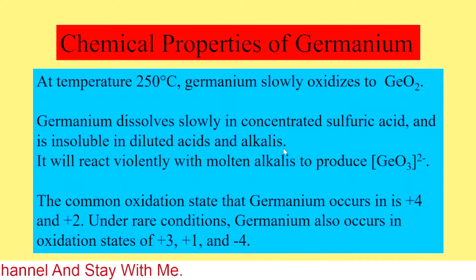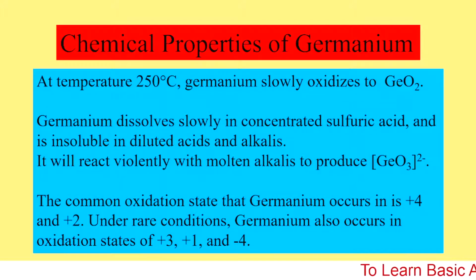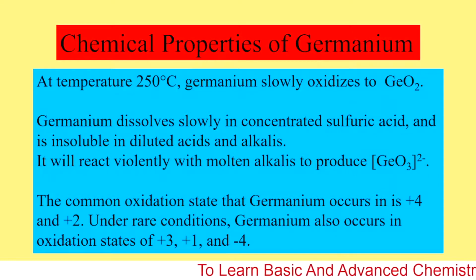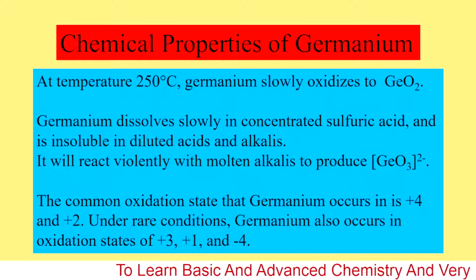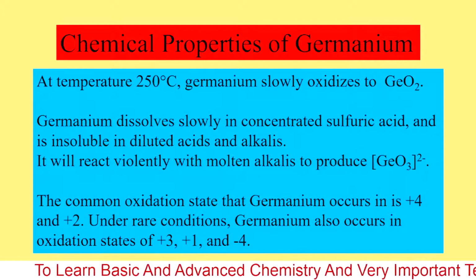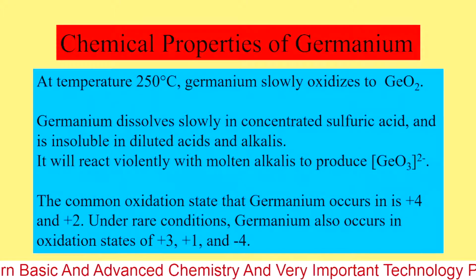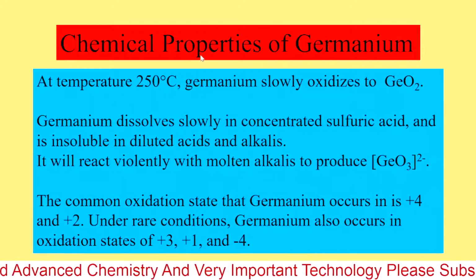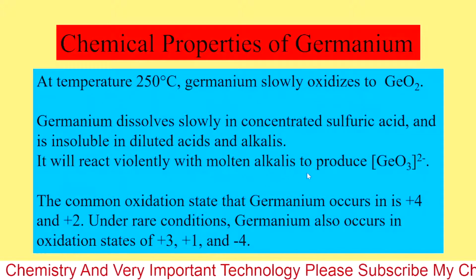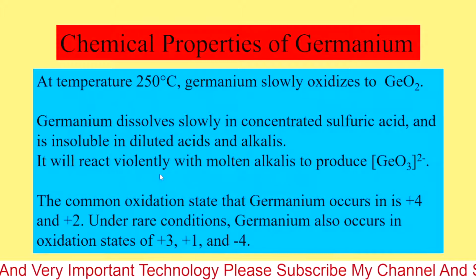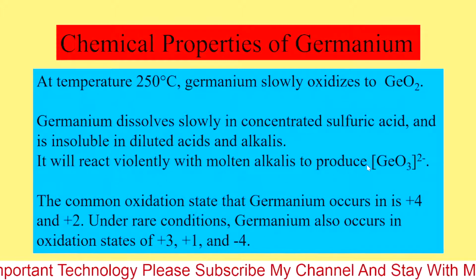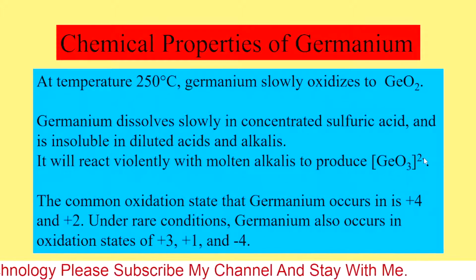Dilute alkalis have a large amount of water, but molten alkali means concentrated alkali with a small amount of water, in a liquid state, just melted at a higher temperature. So the temperature of the alkali is high and its concentration is very high, so it reacts violently to produce the germanium trioxide 2- ion.